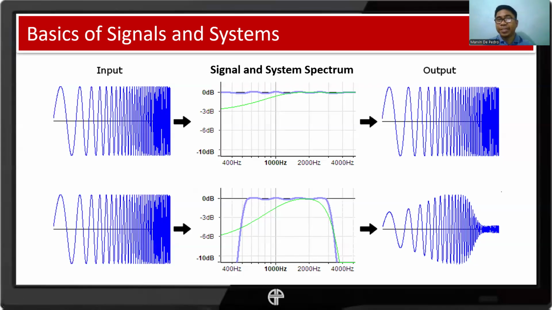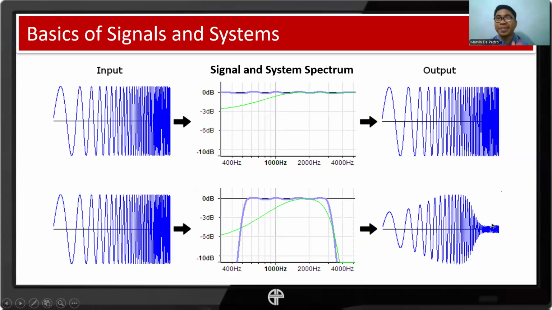Remember, our scale here is logarithmic. So from 400, we go to 1,000 and then 1,000 and 4,000. So if this is 3,000, this could be 3,500. So around 500 hertz of frequency components have been removed in this part.